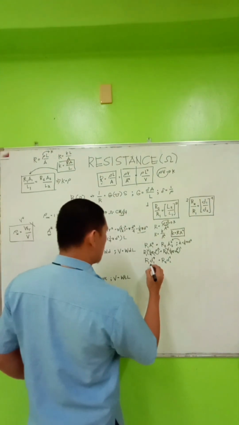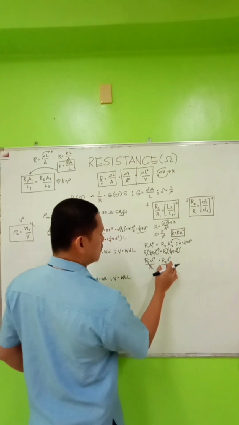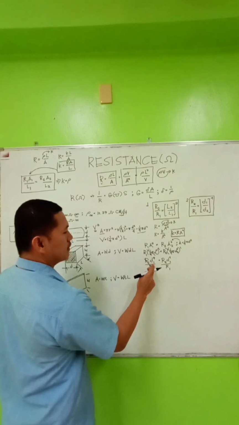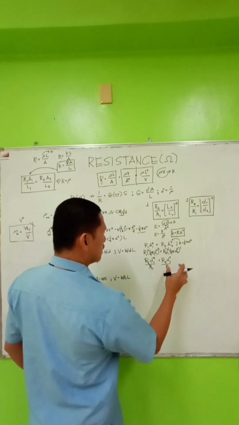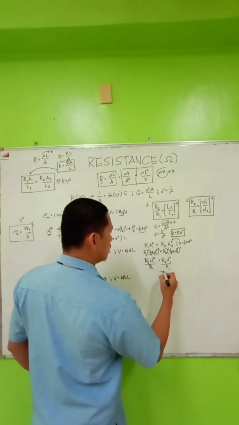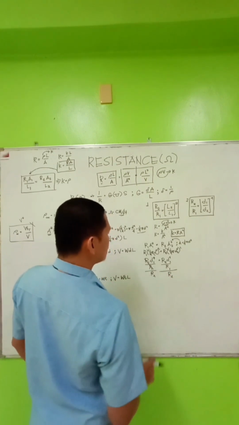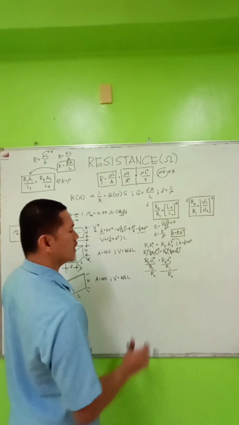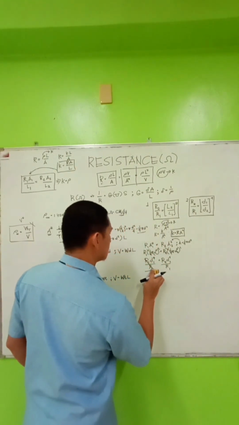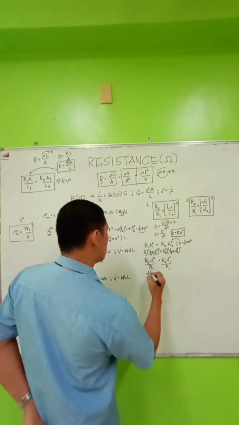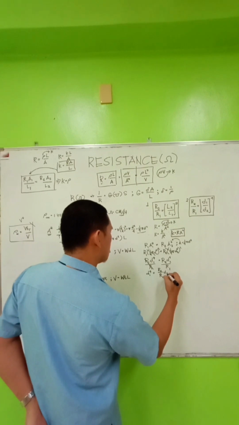Okay, let's start with R1. We eliminate R1, both sides. Let's rewrite: your D1 to the 4th is equal to your R2 over R1, your D2 to the 4th.